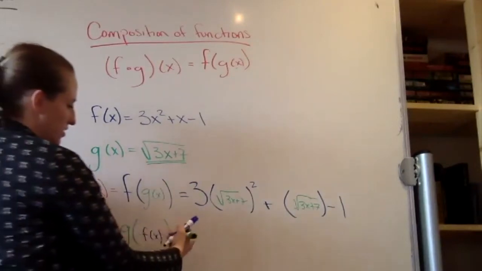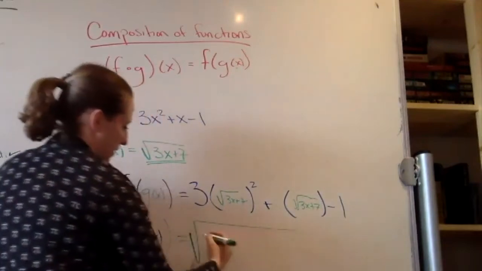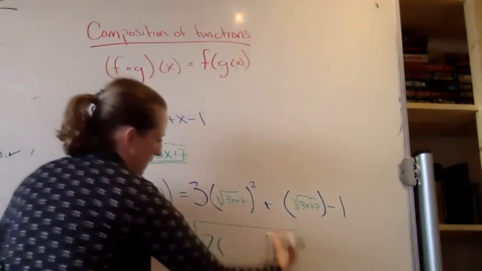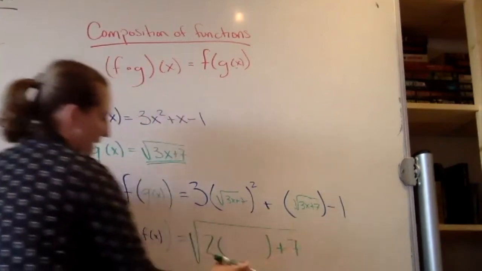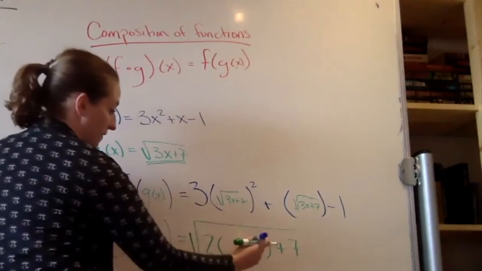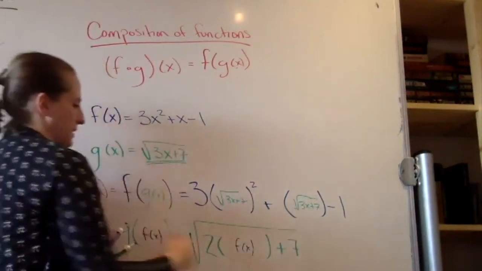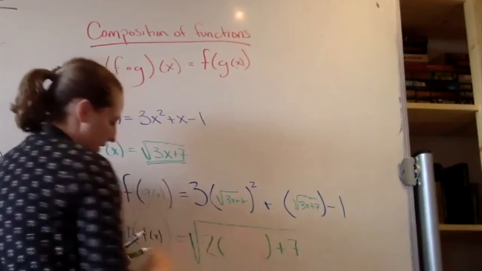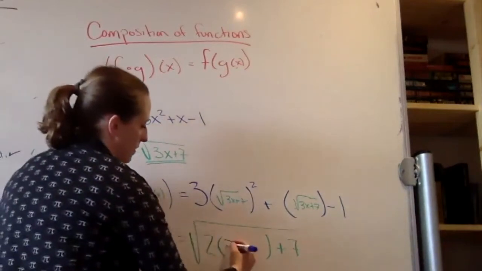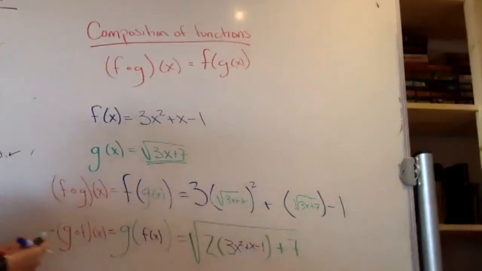So I start with g. g is the square root of 3 times x plus 7. But instead of x, I'm going to replace x with my function f of x. But f of x is equal to 3x squared plus x minus 1. So inside where that x was in g, I'm going to write 3x squared plus x minus 1.